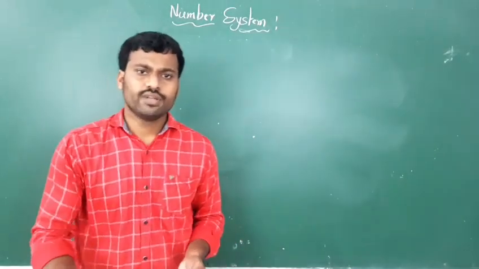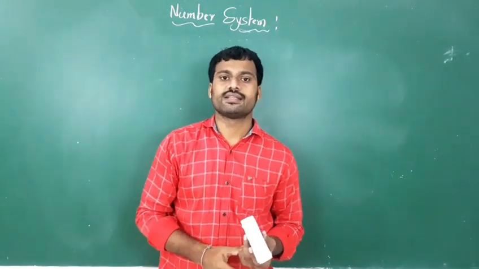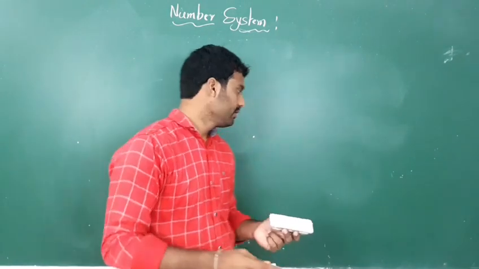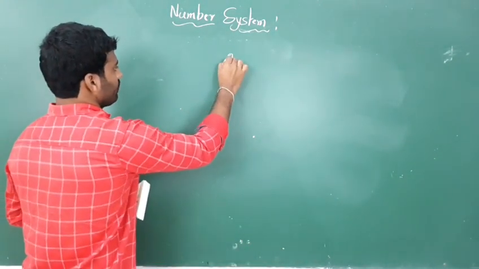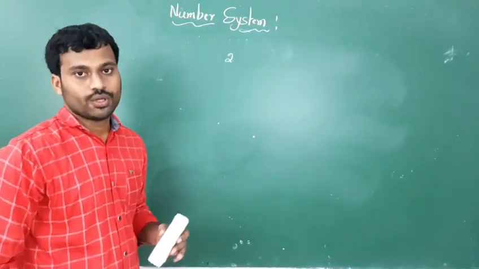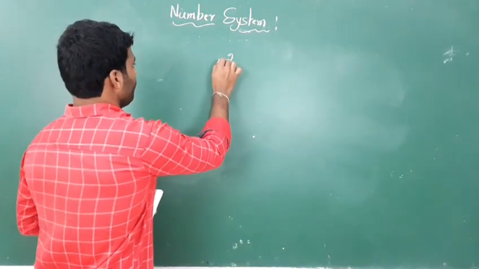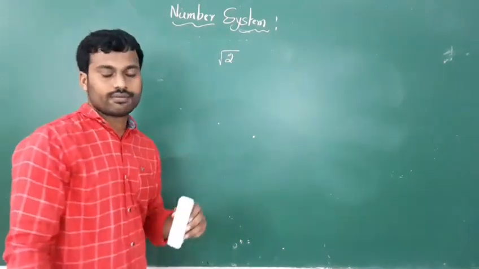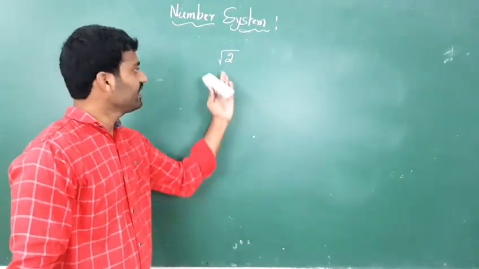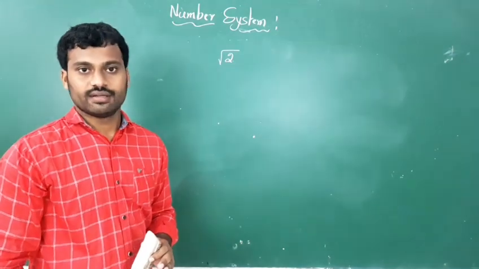So next, how they can ask the problem is, see, suppose you see root 2. Root 2 is a rational number. Very good. If you write root 2 as part of 2, okay, it's an irrational number. Clear or not?